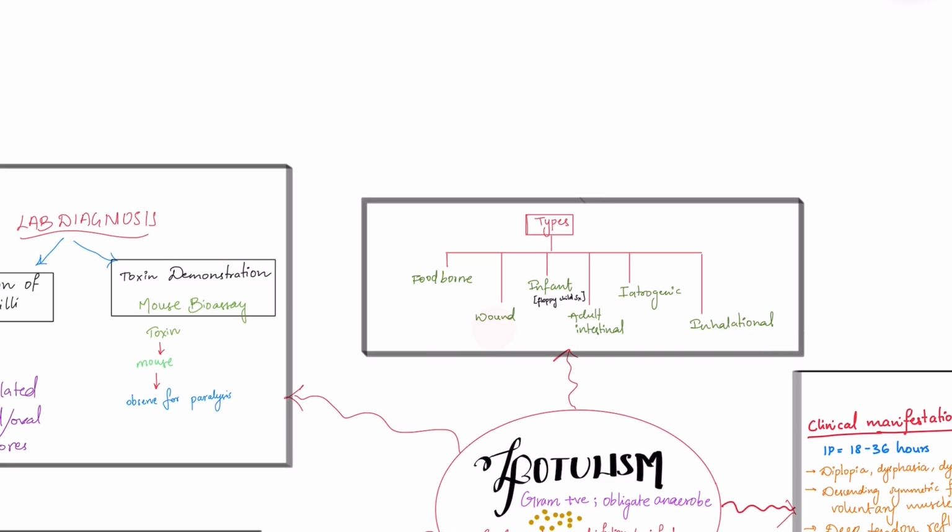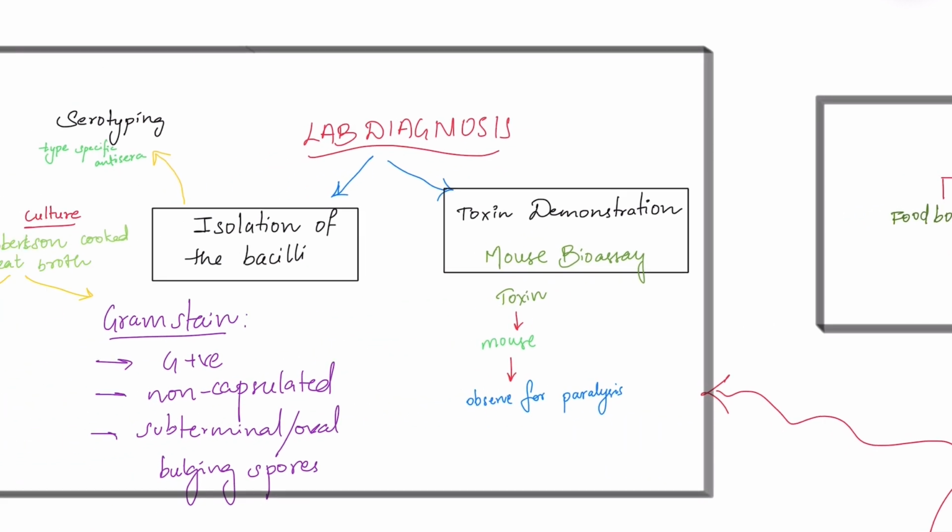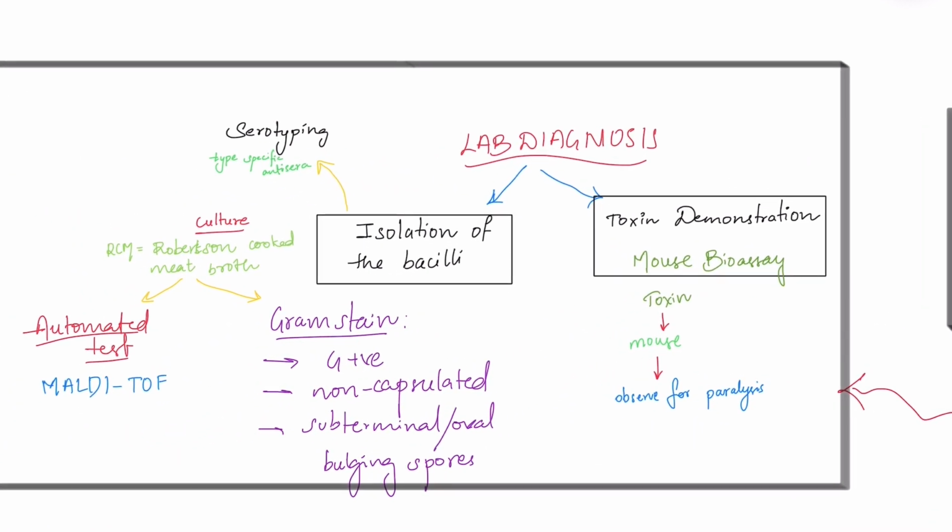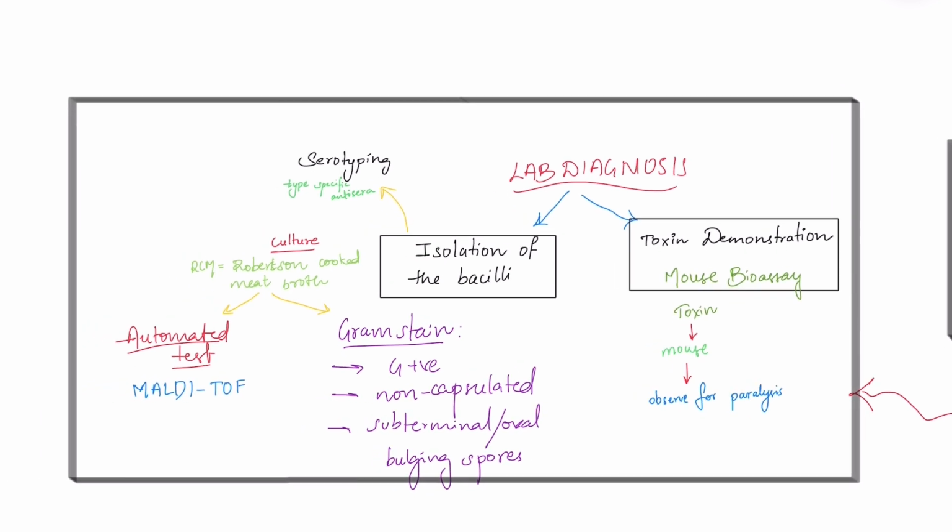So let's go to the laboratory diagnosis. The laboratory diagnosis mainly involves isolation of the bacilli and toxin demonstration by mouse bioassay. Isolation of the bacilli. Usually the serotyping is done by type-specific antisera.